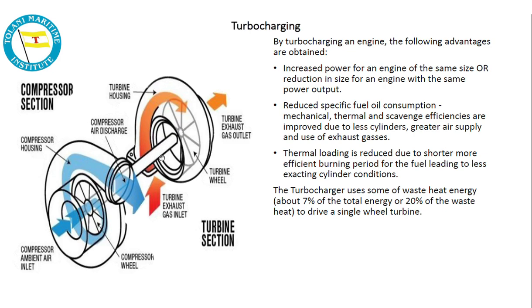Now this shaft rotates and drives the compressor. The compressor blade creates a vacuum, and when it creates a vacuum, it sucks in the air. This air is basically supplied to the engine. So this is what we had seen here.